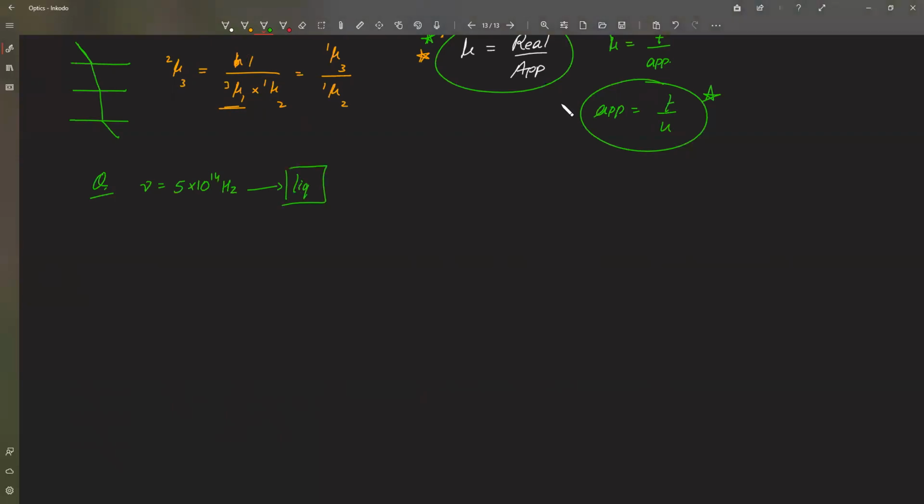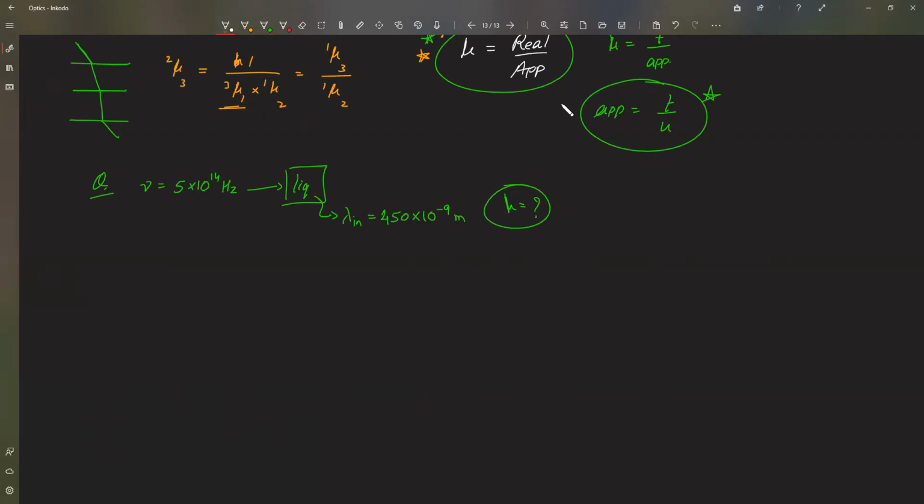The wavelength of light measured inside the liquid is found to be 450 into 10 to the power minus 9 meter, that is 450 nanometers. You have to calculate the refractive index of the medium.